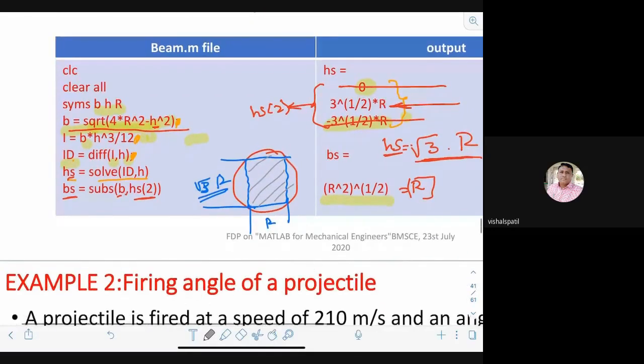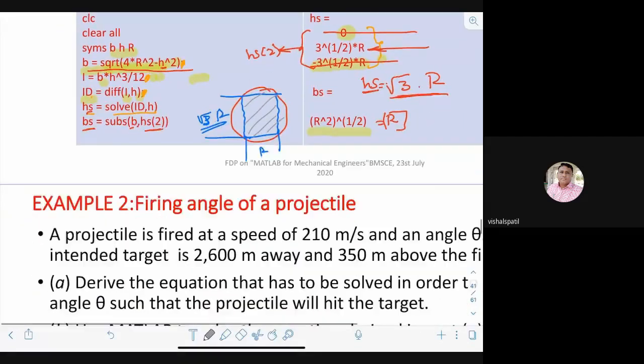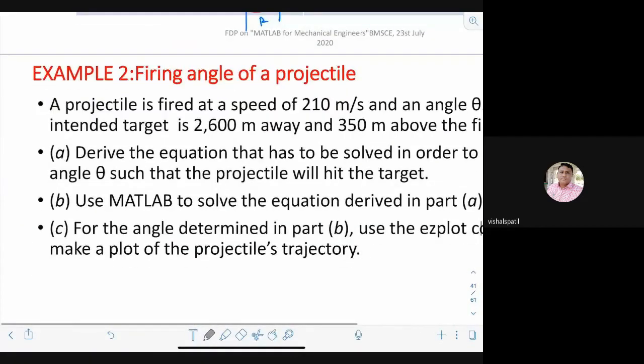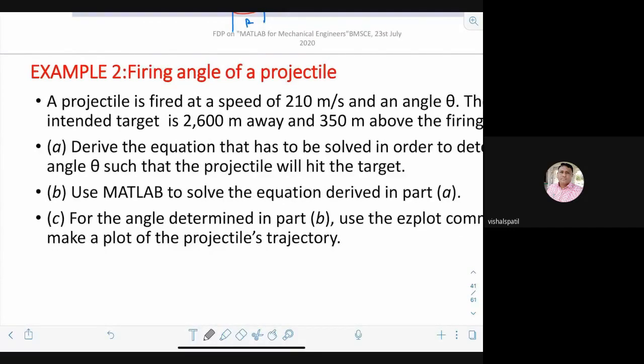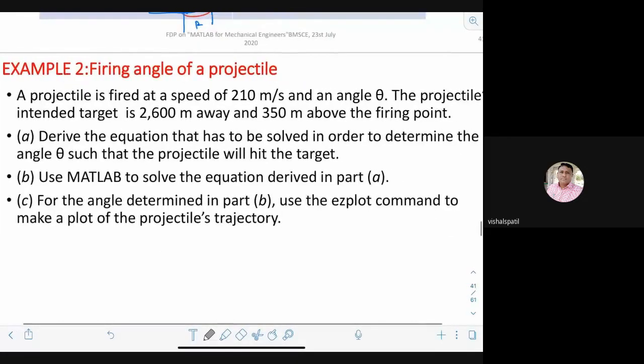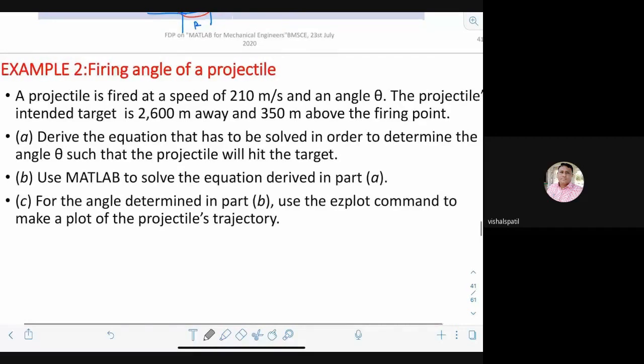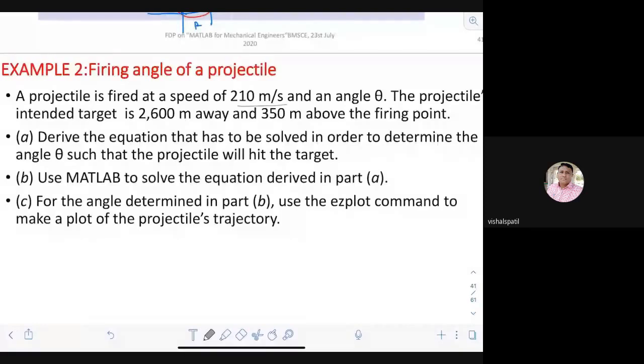Now let's go to a slightly different problem, on kinematics, that is the projectile problem. See this problem here. It says a projectile is fired at a speed of 210 meters per second. The projectile is intended to hit a target which is 2,600 meters away and 350 meters above the firing point.